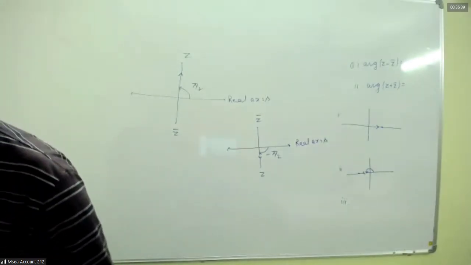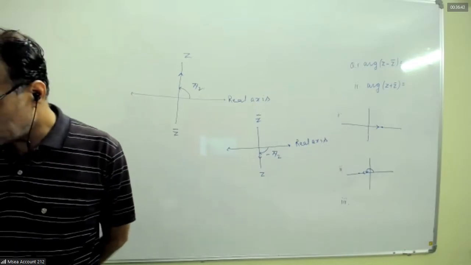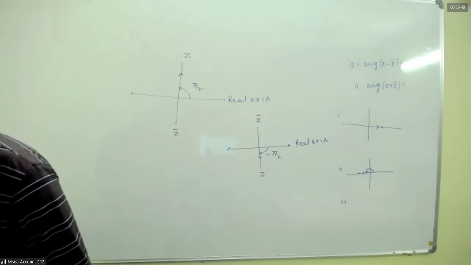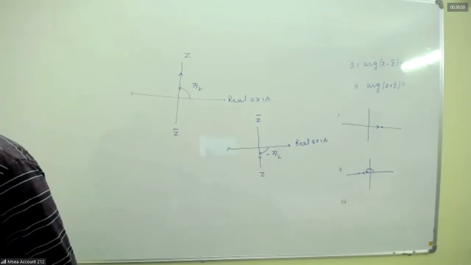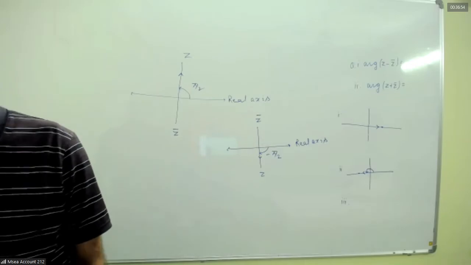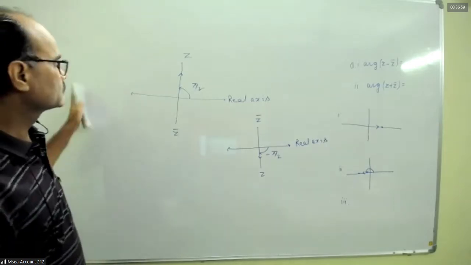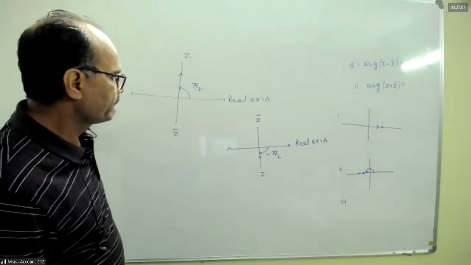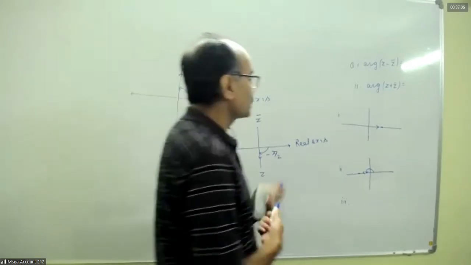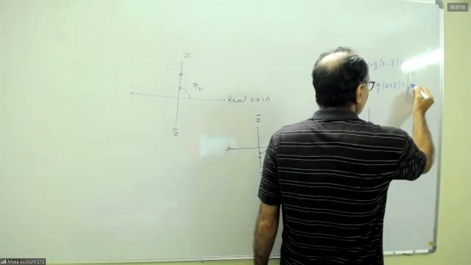So the argument is 0, pi, or not defined.